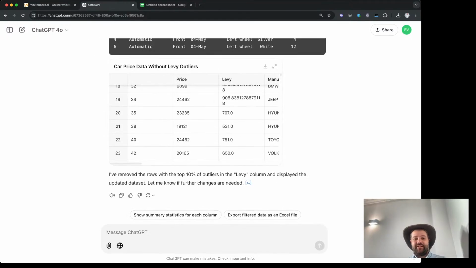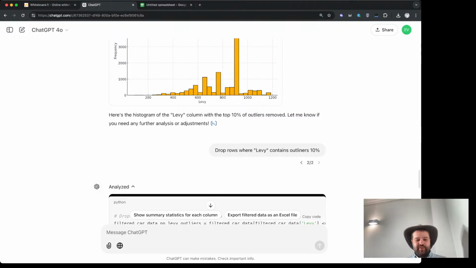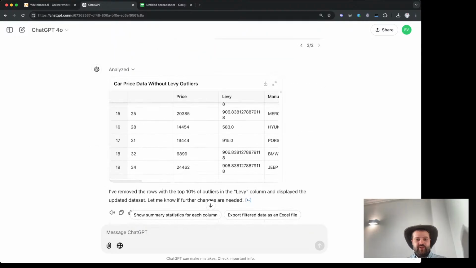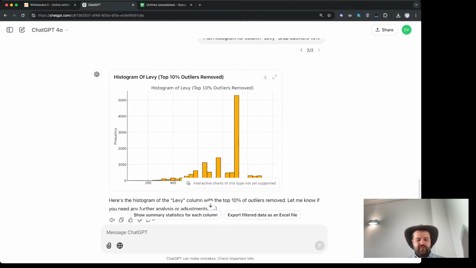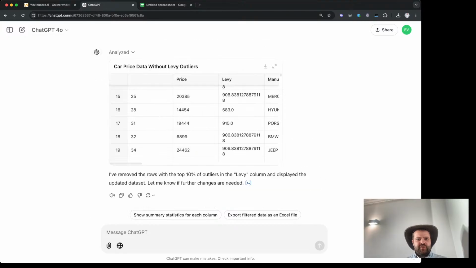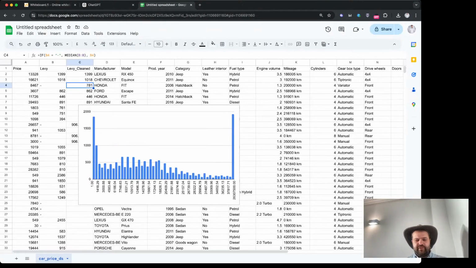So that's that. Okay, let's keep digging. First of all, we now cleaned up the levy column. The next one is the mileage. The mileage has this kilometer text happening here, right?